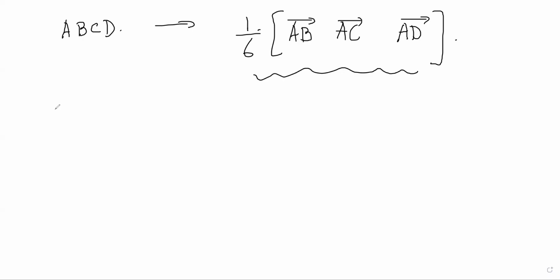That becomes your volume of the tetrahedron. Remember this result? Now, either you know the 3 vectors or you can be given coordinates of the points.